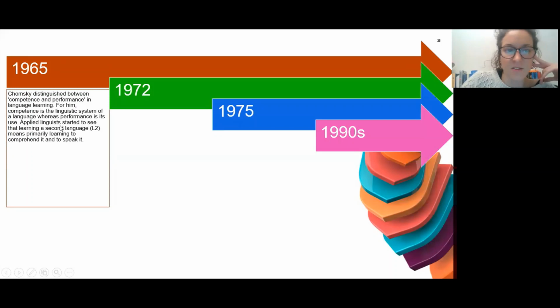Applied linguistics started to see that learning a second language means primarily learning to comprehend it and to speak it. That's a really great idea about performance, that we can only perform something if we have it inside. Yeah, we cannot make the impression that we know the language.